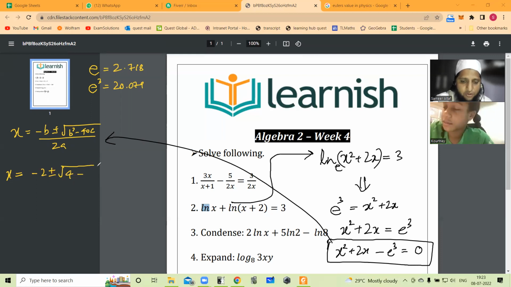So how much will that be? 4 times negative 20.079, that'll become positive here. So how much is 4 times 20.079?